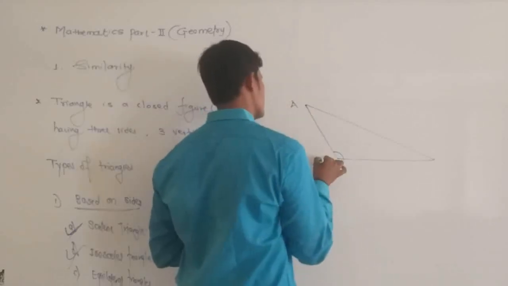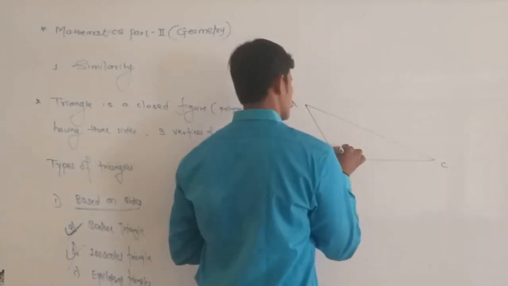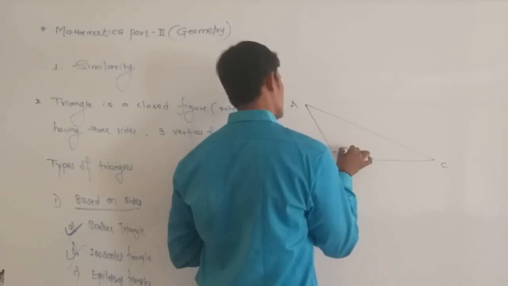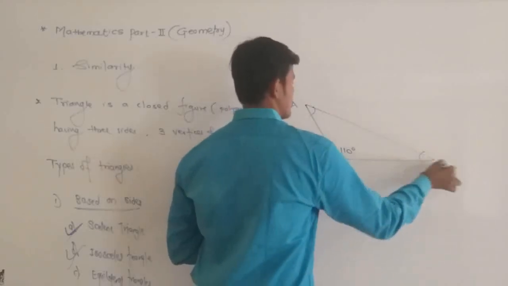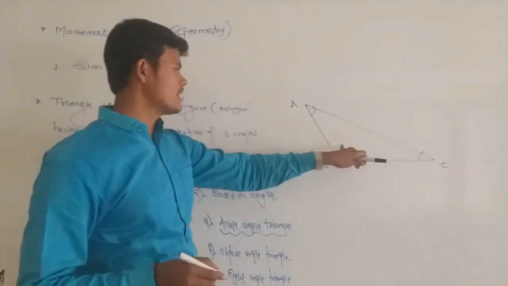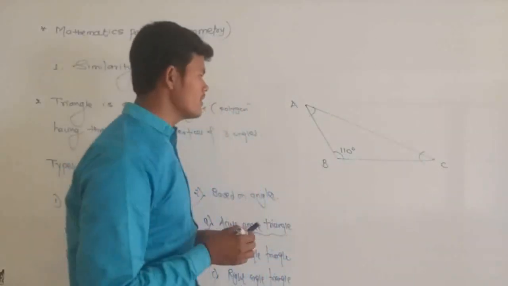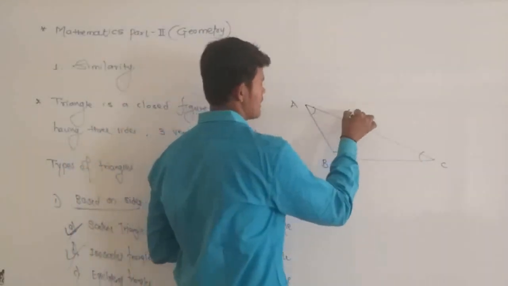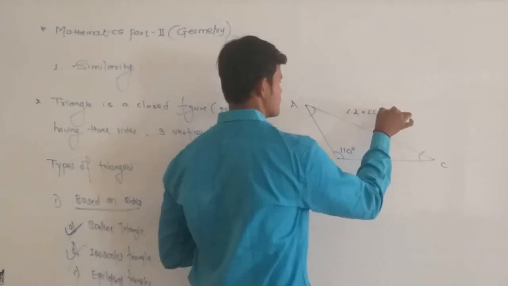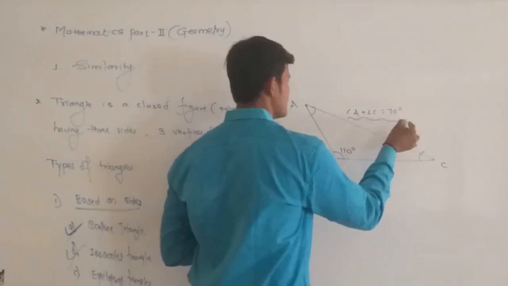That means its remaining two angles, that is, here angle B is 110 degrees, so the sum of the remaining two angles, that is angle A plus angle C, is equal to 70 degrees. Why is it 70?